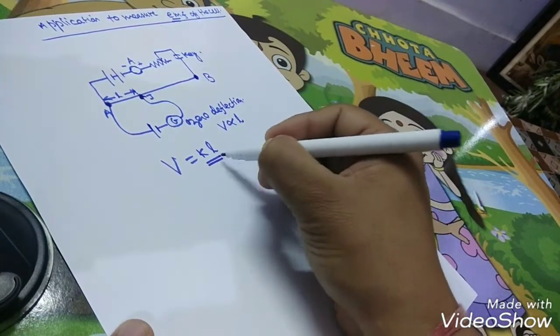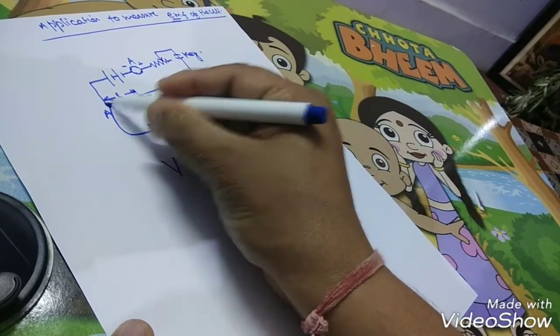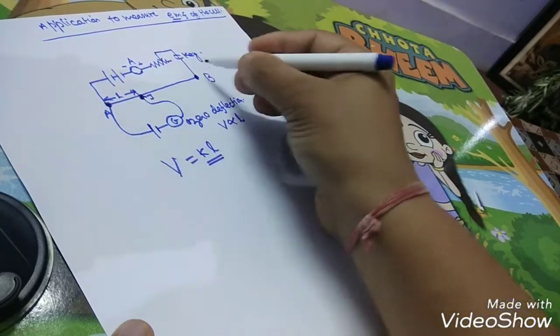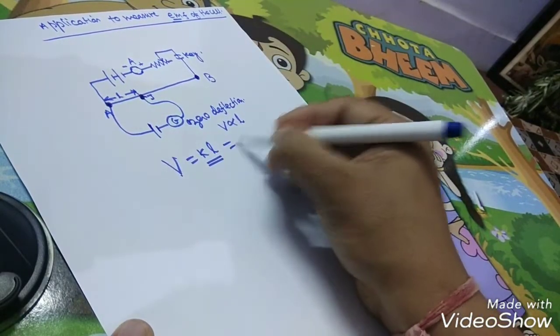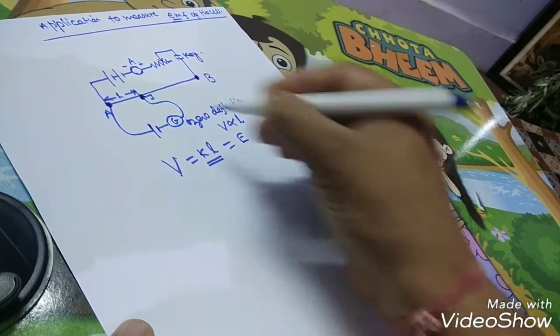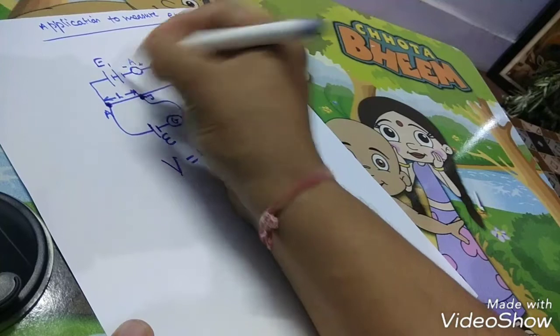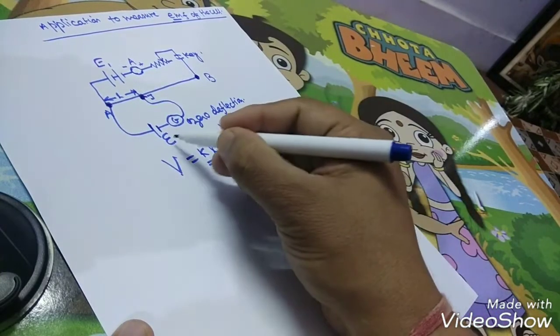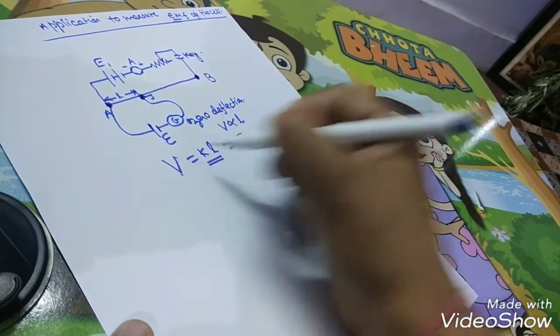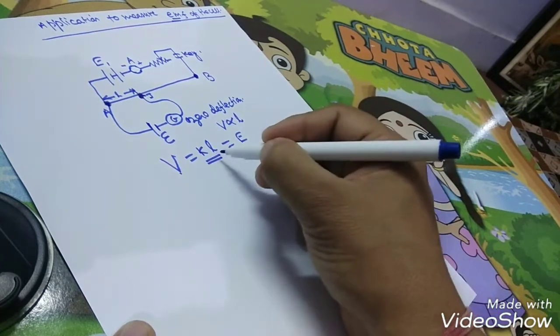KL is the potential drop across the length L of this potentiometer wire, and it is equal to the EMF of this cell, which is to be measured. So E is equal to KL.